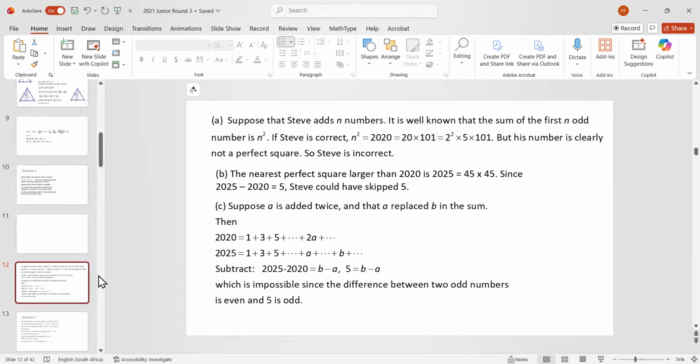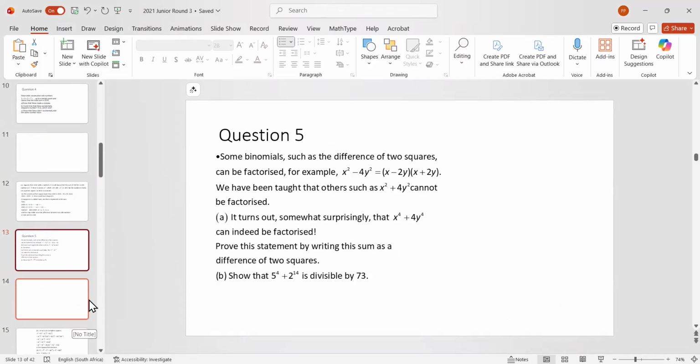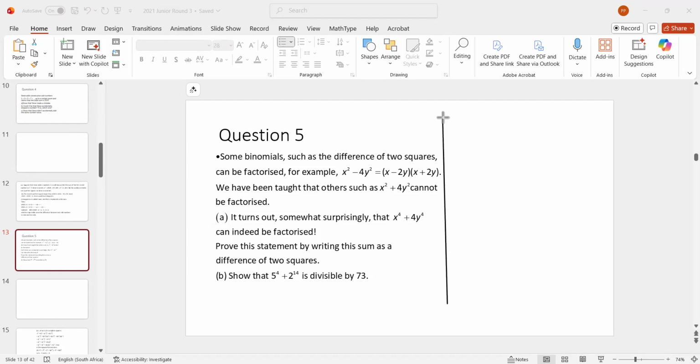So there it is. There is a proof which you can have a look at some time. Now, question 5 says some binomials. Binomials means the two terms, trinomial 3 terms.